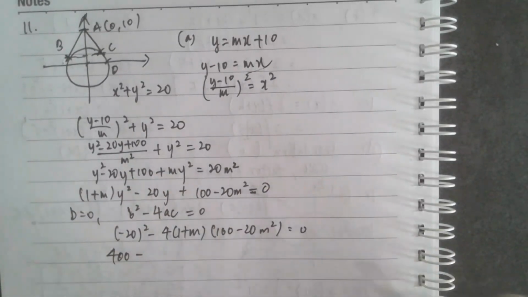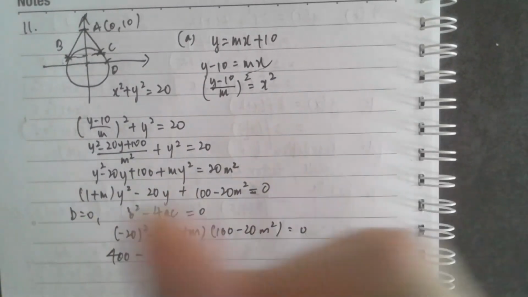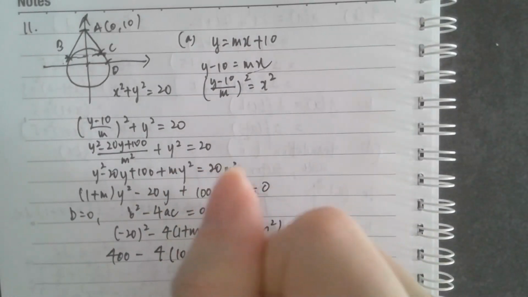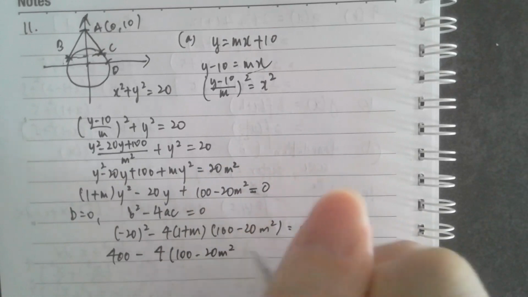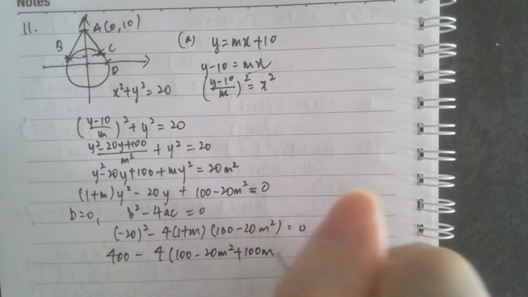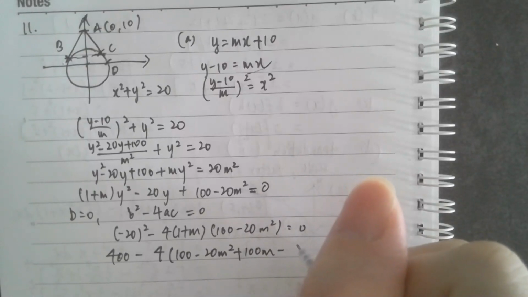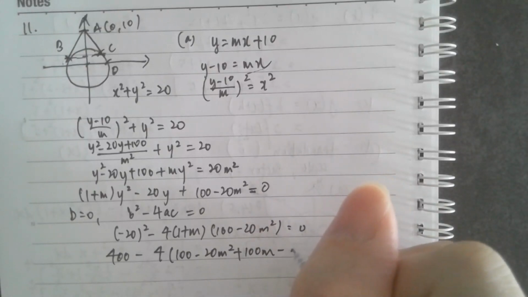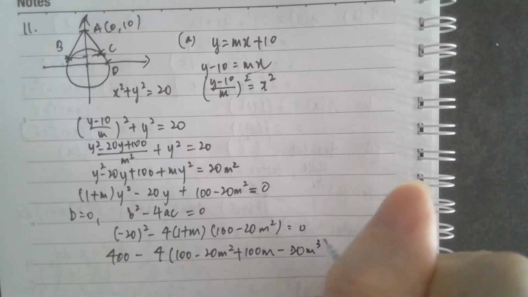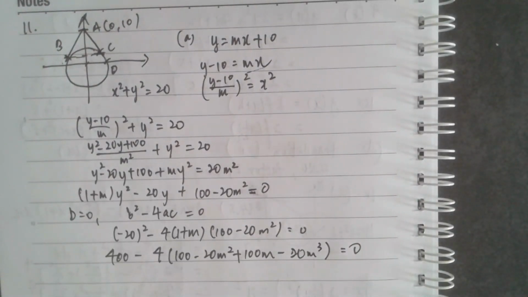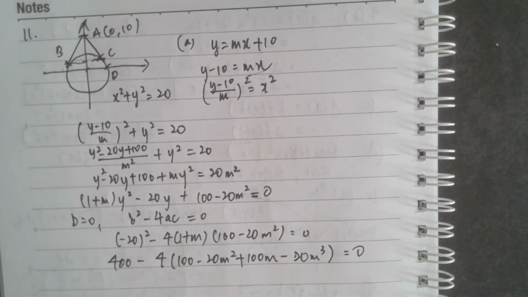We can multiply this out. This will be 100 minus 20m squared plus 100m squared minus 20m cubed equals 0.